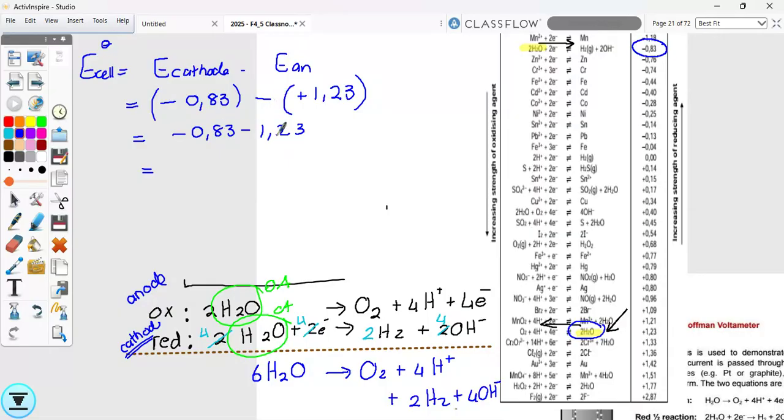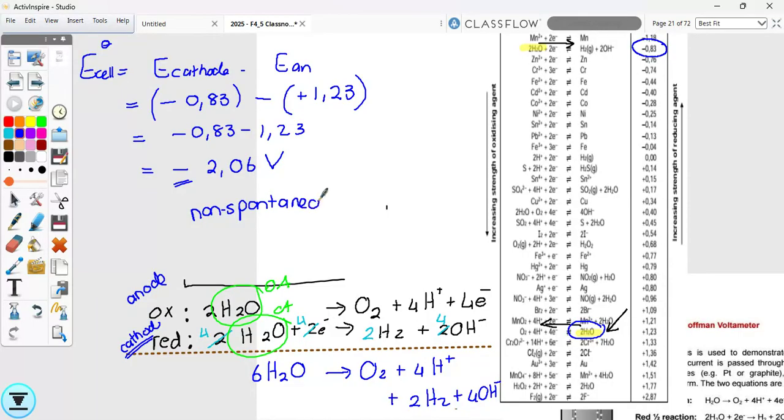Now you can see the answer is definitely going to be negative. So it's going to be minus, what is it, 2.06, is that right? 2.06 volts. And that means that my negative answer here means that it is non-spontaneous. With the negative answer, it's not a direction. Remember, energy is not a vector, it's a scalar.